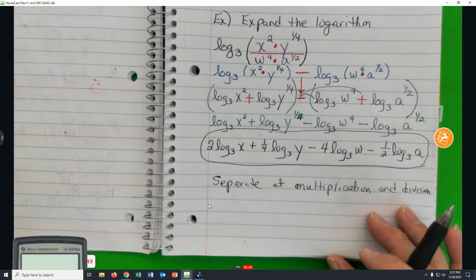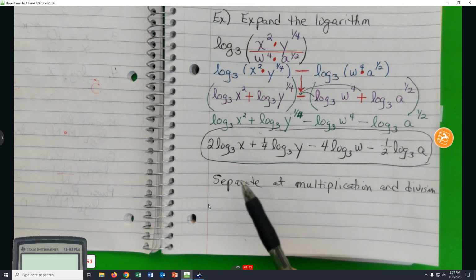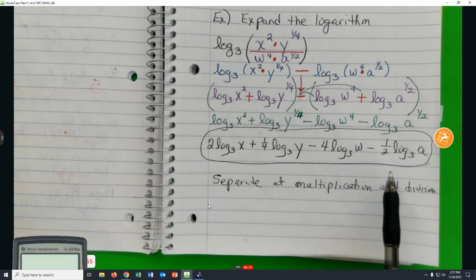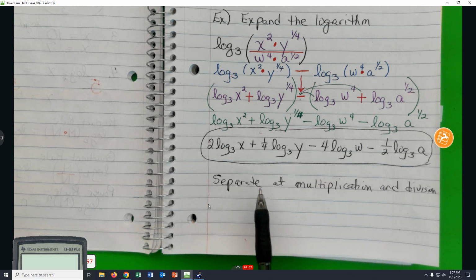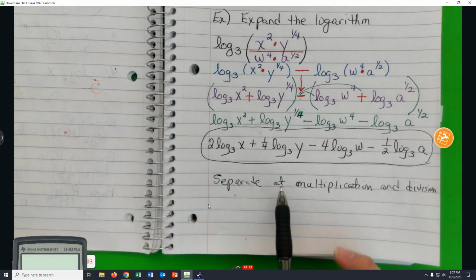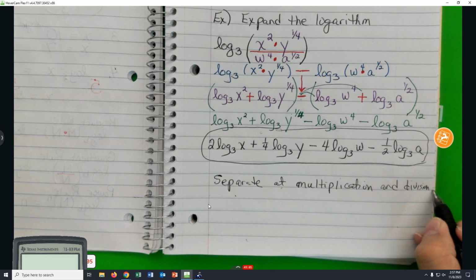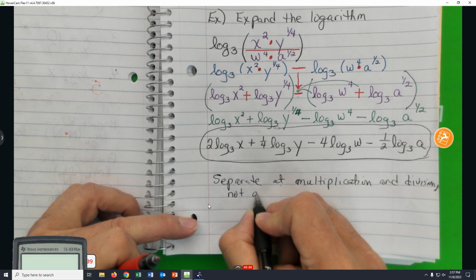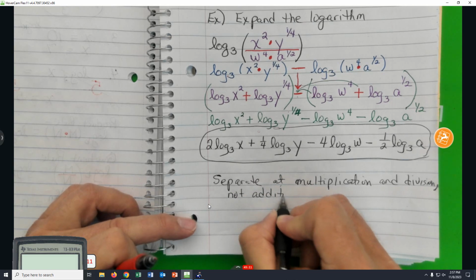At this point, I like to write up: log base b of m plus or minus n cannot be separated. If you have a plus or minus in your argument, you're going to be stuck with that plus or minus. Separate at multiplication and division, comma, not addition or subtraction.